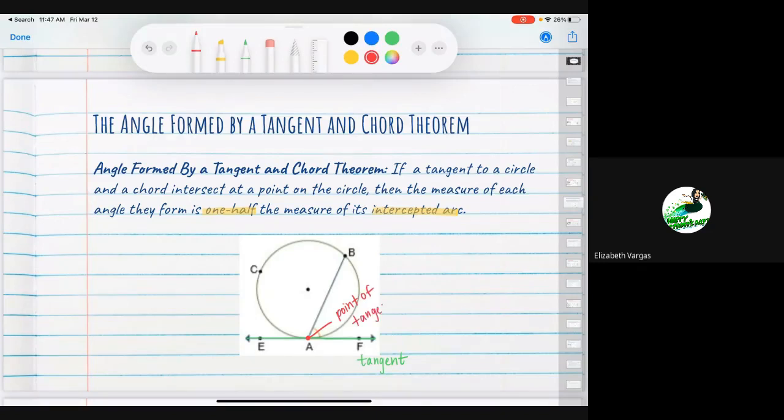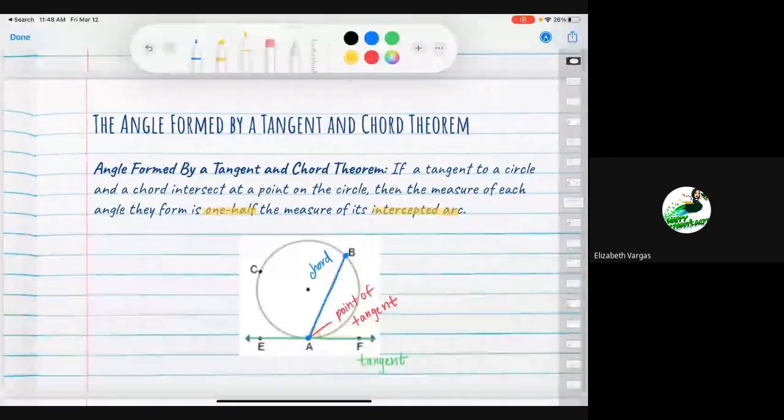What it's saying is if this tangent meets a chord running from one part of the circle to the other side of the circle, the angles which are created, both of them, are half the measure of the arc.